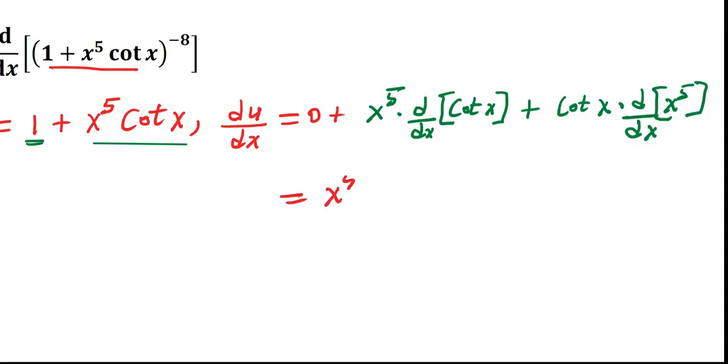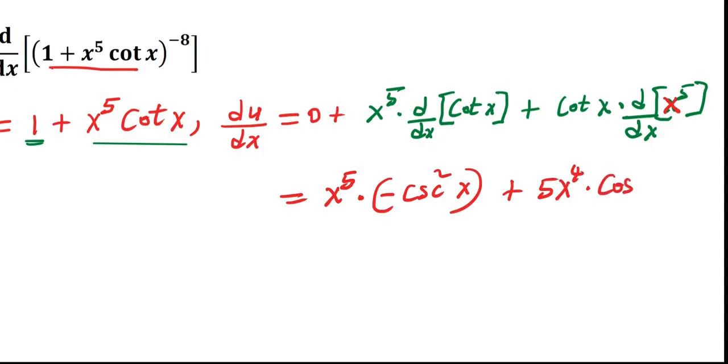So we have x to the 5th power here times negative cosec squared x plus, if we take the derivative of x to the 5th power, that's going to give us 5x to the 4th power times cot x.